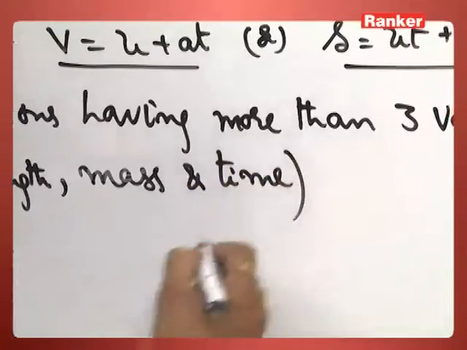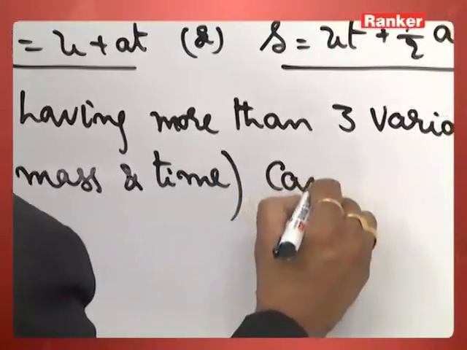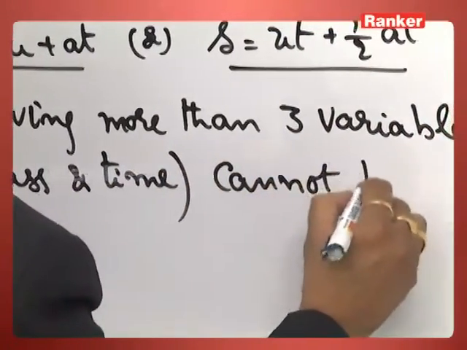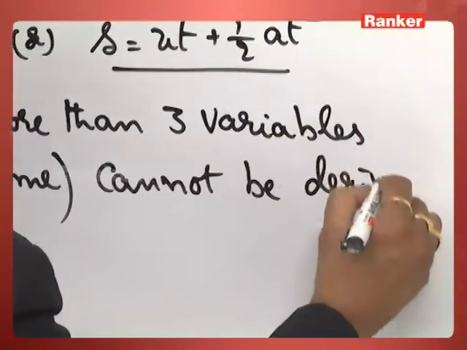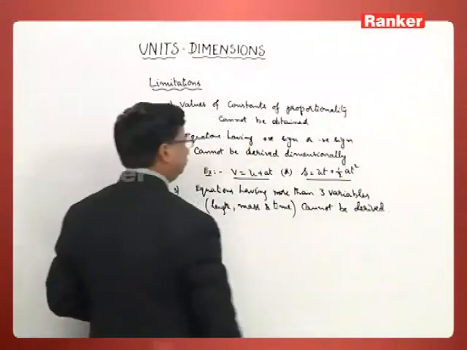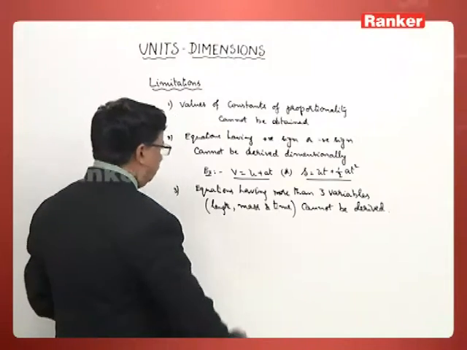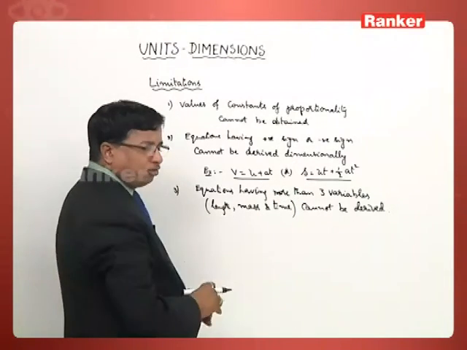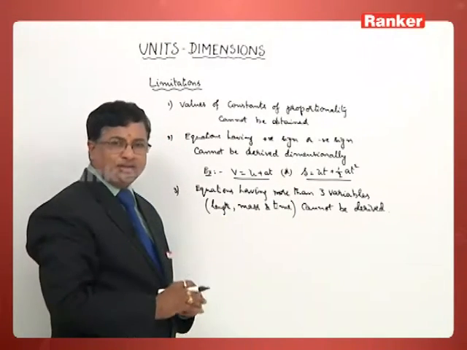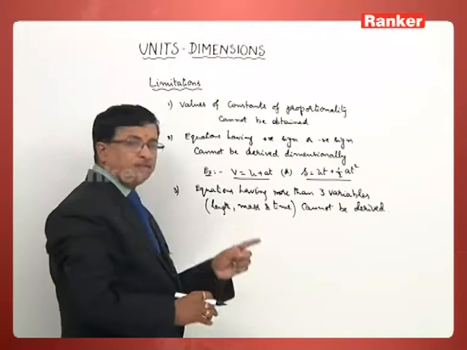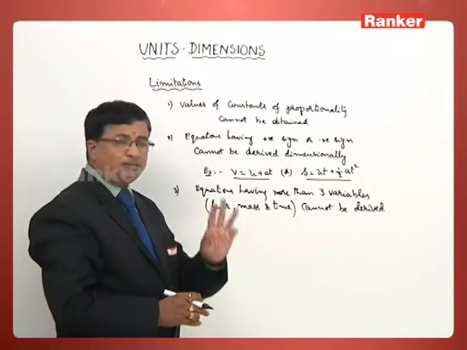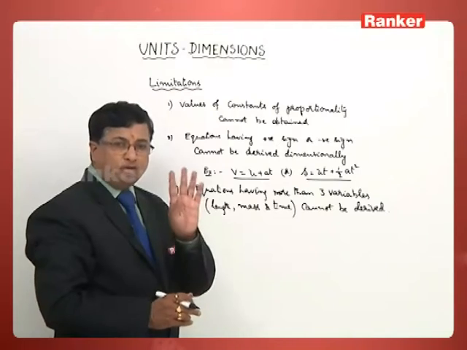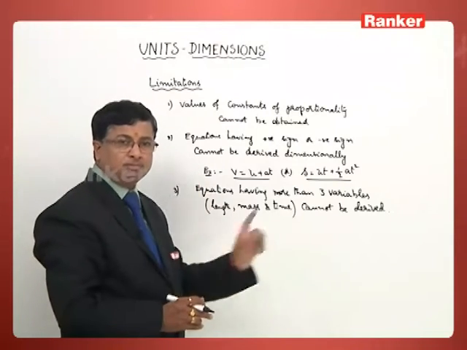More than 3 variables cannot be derived dimensionally. You cannot obtain using dimensional analysis equations having more than 3 variables like mass, length and time. There is no 4th dimension we have.